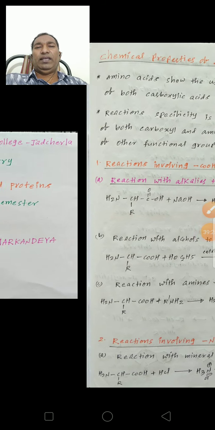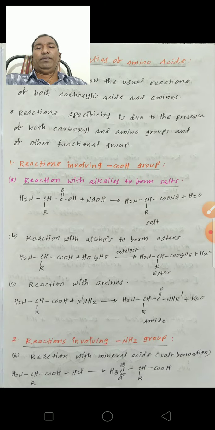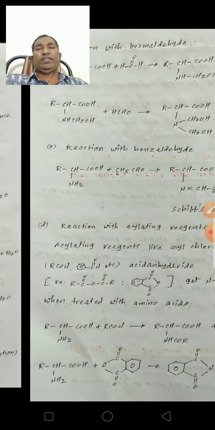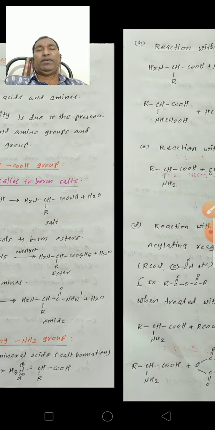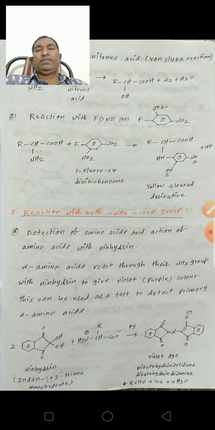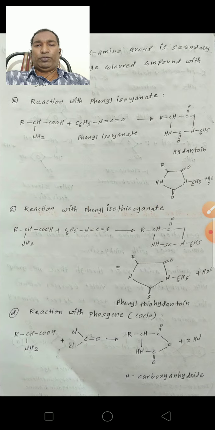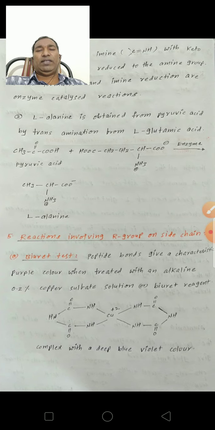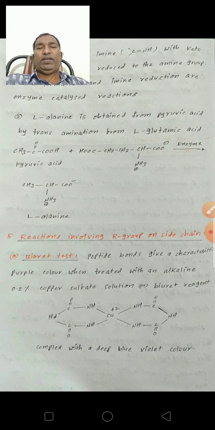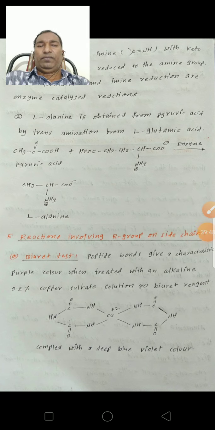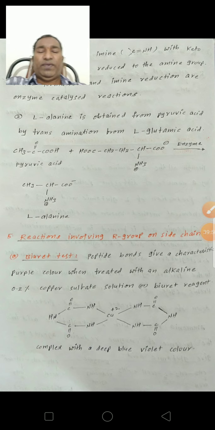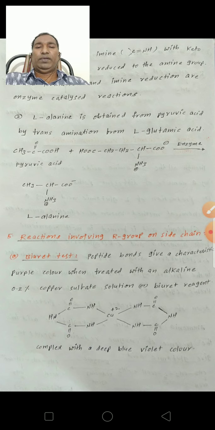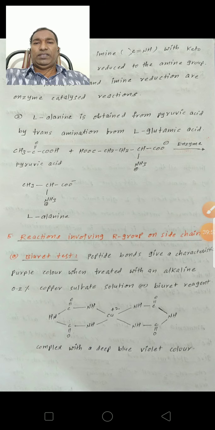These are the chemical properties of amino acids: reactions involving the COOH group, reactions involving the NH2 group, reactions with both NH2 and COOH groups, some biochemical reactions involving amino acids, and reactions involving the R group on the side chain. So these are the chemical reactions of amino acids.